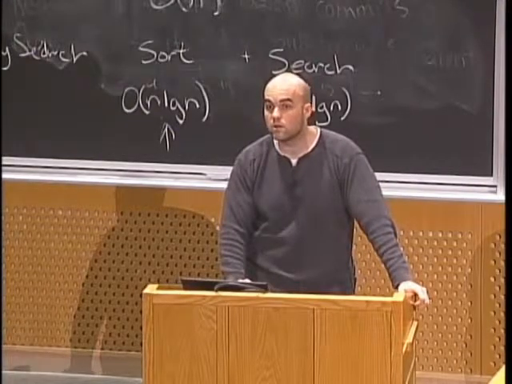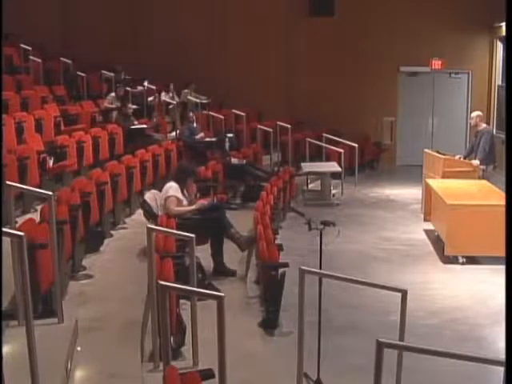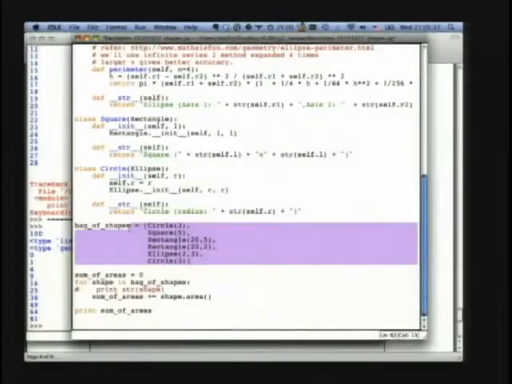So if there's not an area function that overrides it, what is it going to sum if it just raises a not-implemented error? Well, yeah, if you haven't redefined it. In this example, I'm using what are known as concrete classes, so they're not abstract. They all have implementations of area, right?